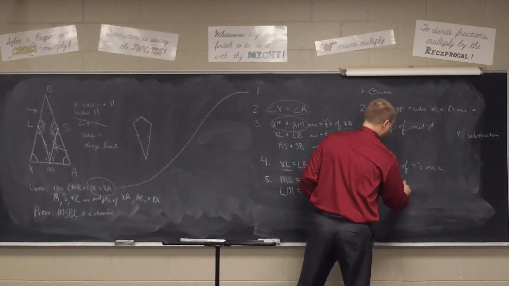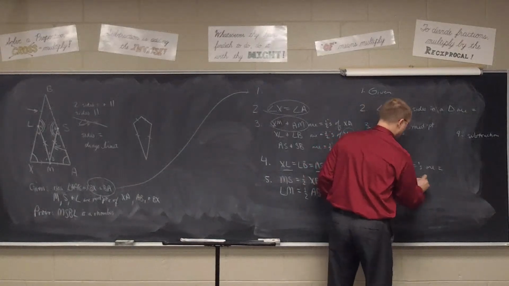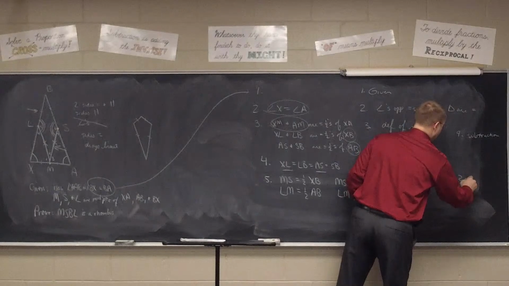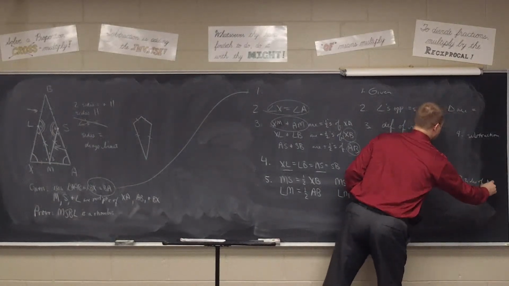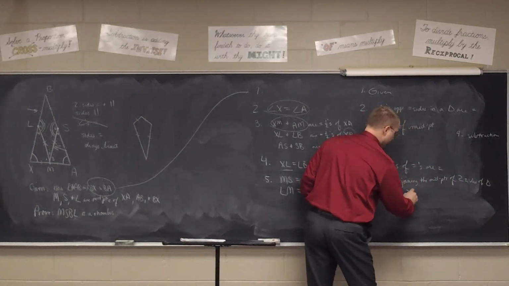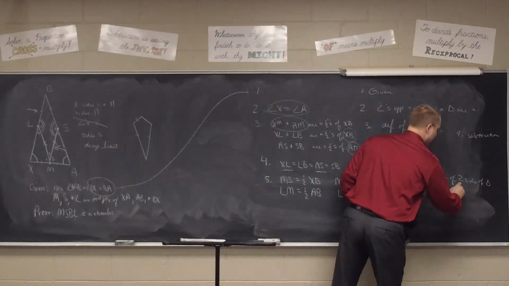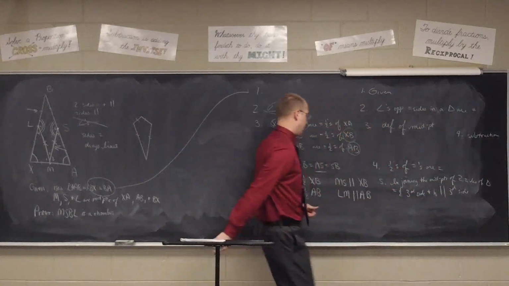Because the line joining the midpoints of two sides of a triangle equals half the third side and is parallel to the third side.